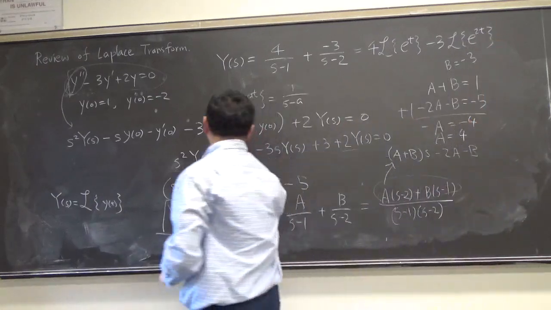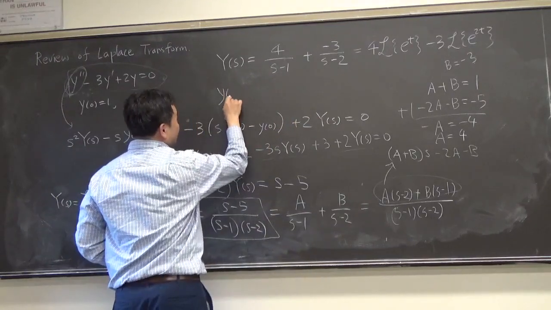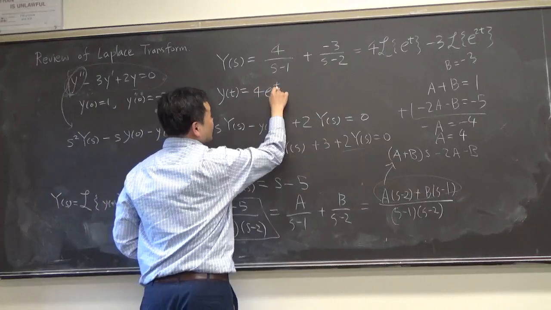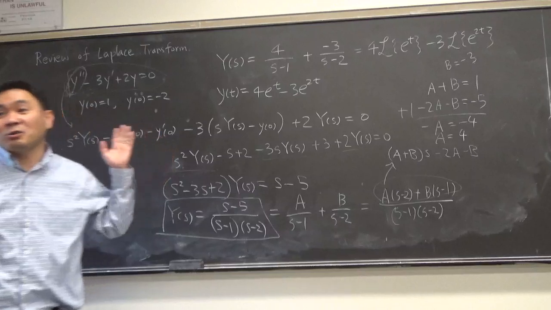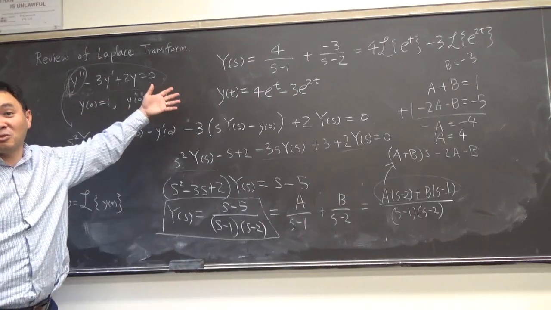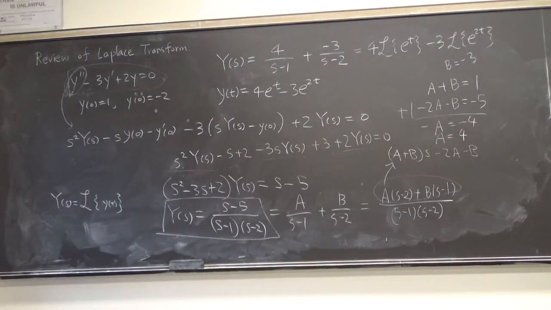So that means, what must have been the original function y of t then? 4e to the t minus 3e to the 2t. And that's how you did Laplace transforms. That's the class before this. You learned this in that class. Some of you still remember, some of you may not, but that's how you do it.